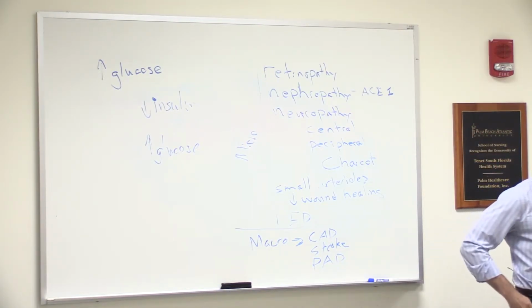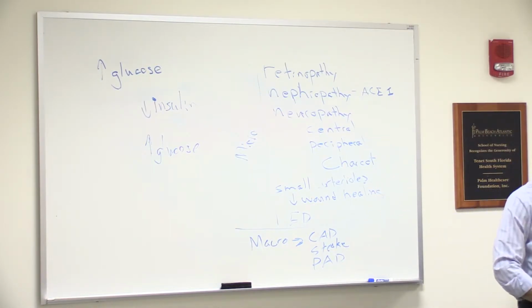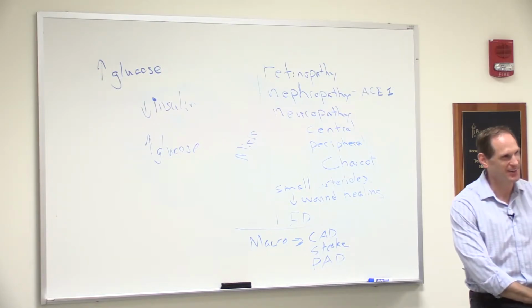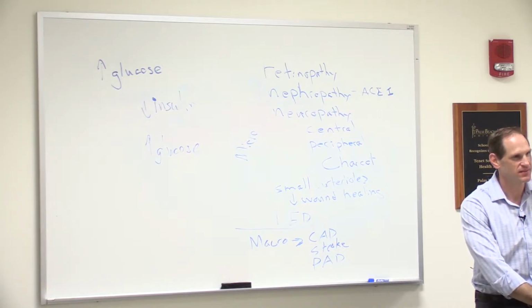So with coronary artery disease, what's the number one thing that happens? It is multifactorial. But what is coronary artery disease?